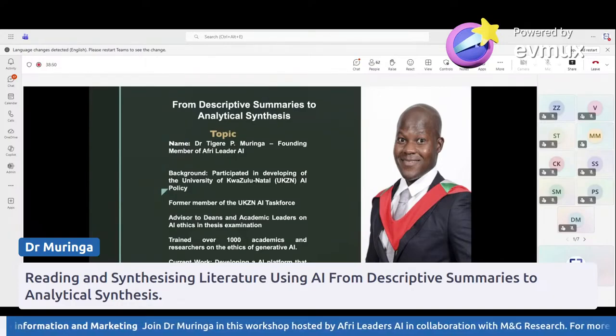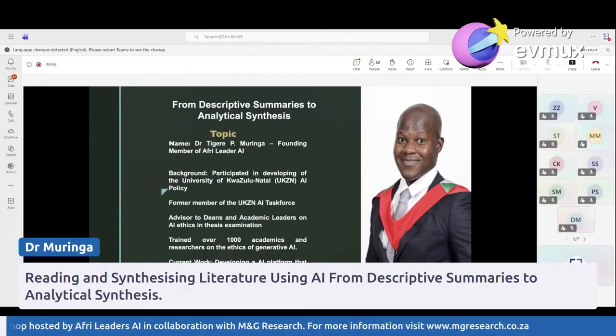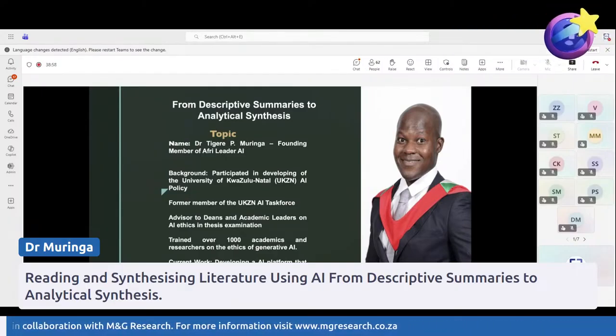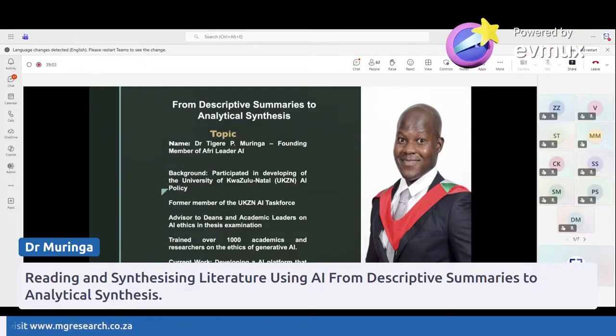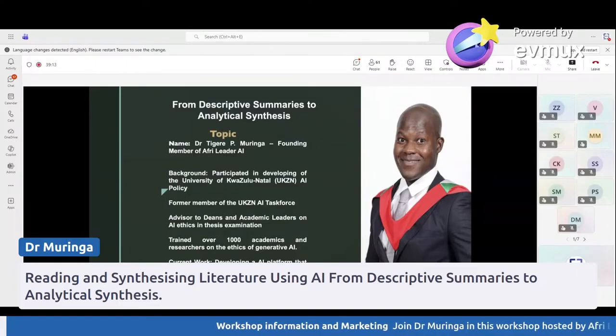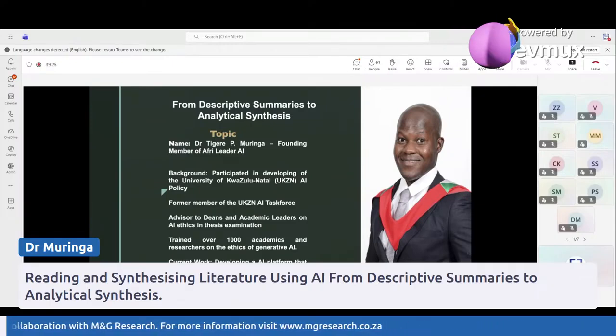I'm carrying on that project beyond the university setting. I advise deans and academic leaders on AI ethics, especially in examining disputes where students are accused of having used AI extensively. I've been involved with that kind of work for a long time, and to date, I've trained more than 1,000 academics and researchers on the ethics of generative AI within the research space.